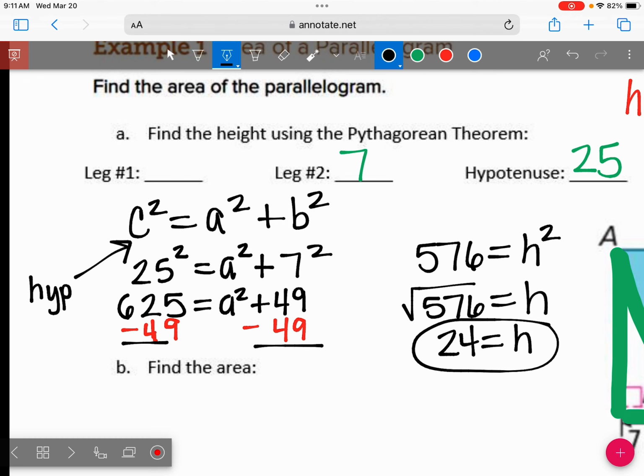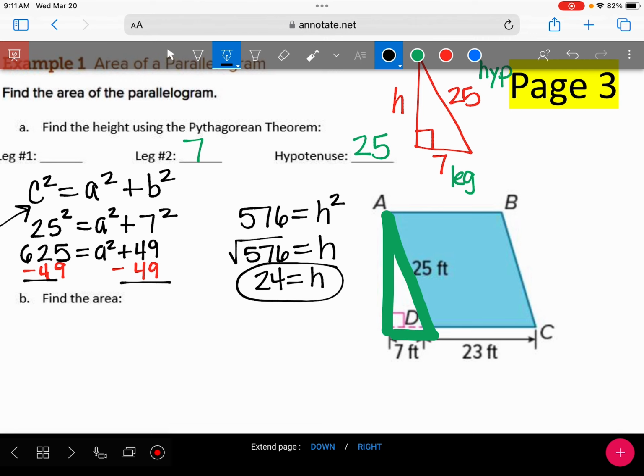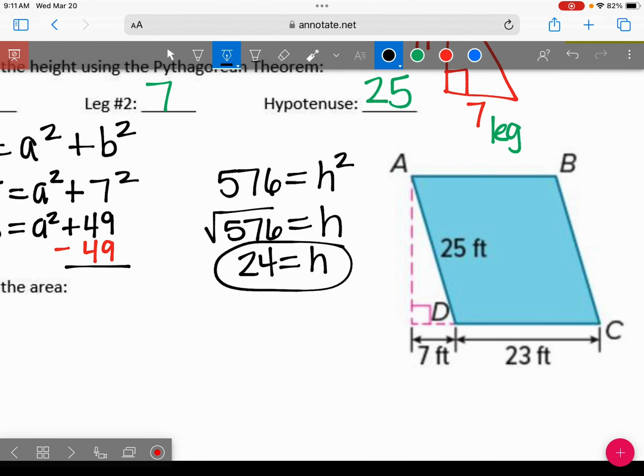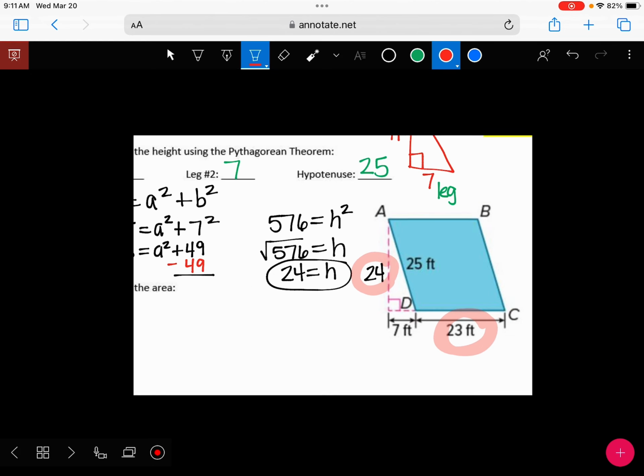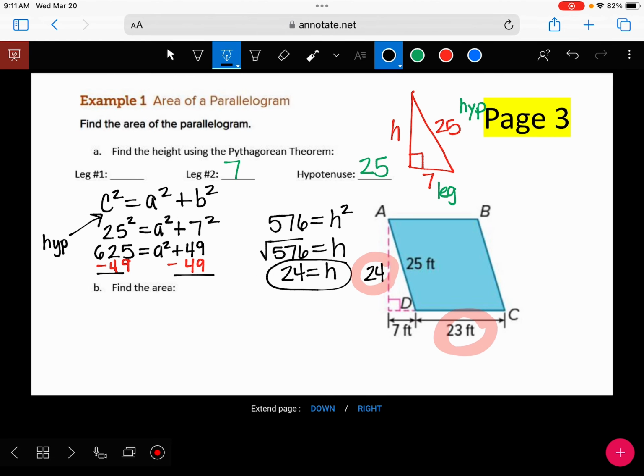So on the test, you'll have to find the height and then find the area. So now we know the height. So now I'm going to go back to my big diagram. I figured out that the height is 24. So to find the area, you're going to multiply the height, which is 24, by the base, which is 23. So the area equals 24 times 23.